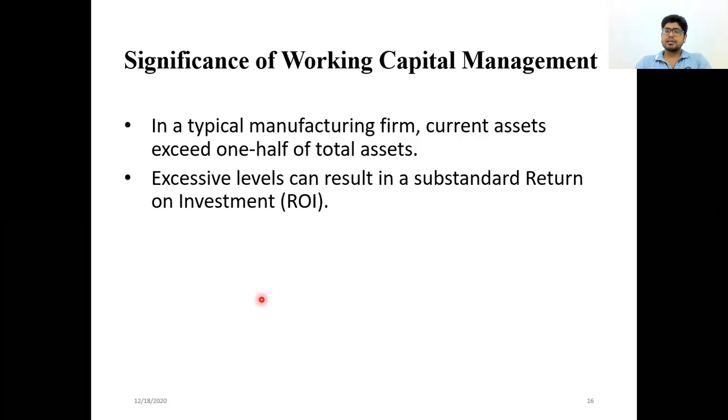Excess levels can result in a substandard return on investment, ROI. Finally, it will impact ROI, which is one of the most important performance measures. If you invest more capital in current assets, it will adversely impact ROI.